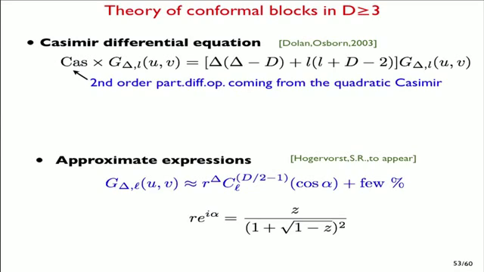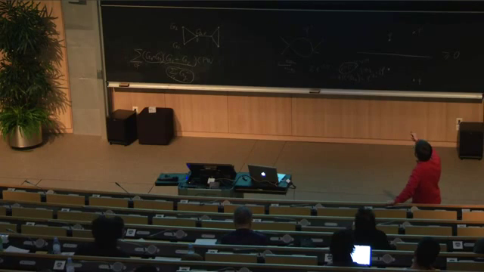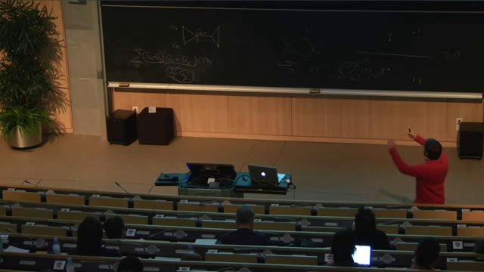So here we get the result that the dependence of the conformal block on u and v, in these very special coordinates when I insert points symmetrically, is going to be given by a power of the distance, r to the delta, times the Gegenbauer polynomial of the relative angle cosine alpha.